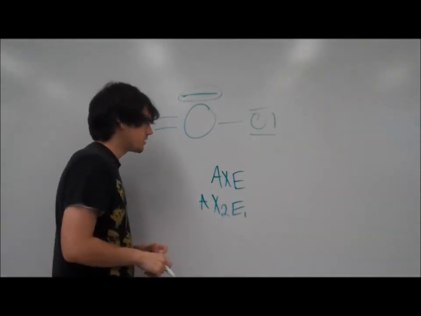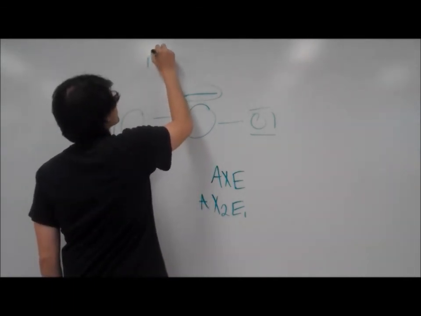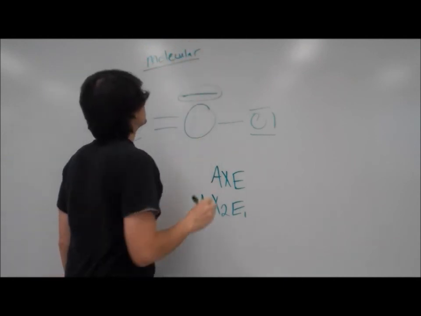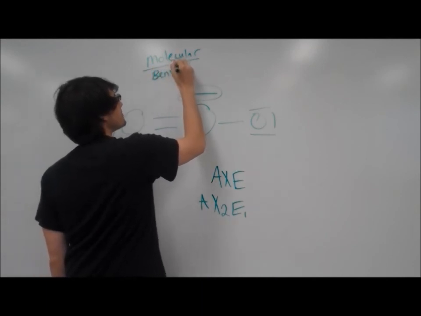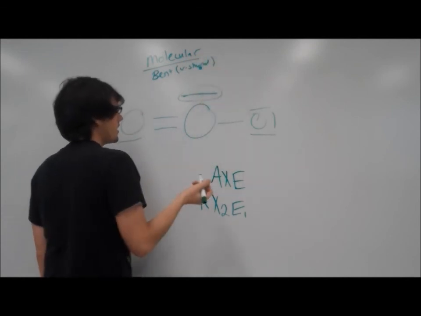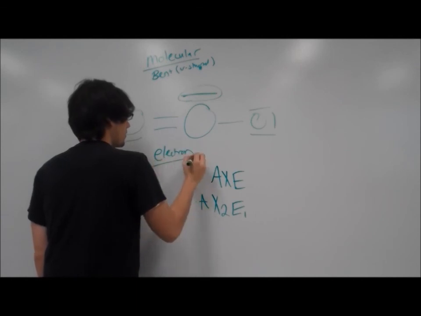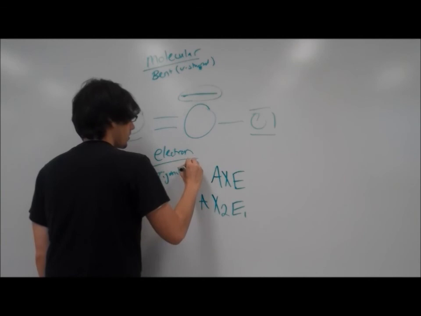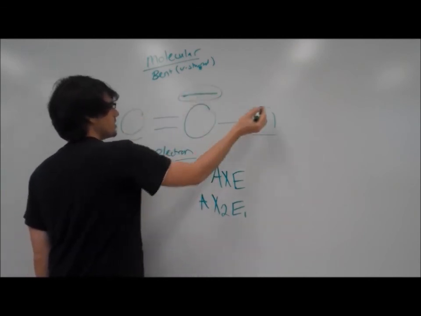Referring back to the chart in our lab manual, we verify that the molecular geometry will be bent or V-shaped. And our electron geometry would be trigonal planar, because there are 3 electron bonding zones.